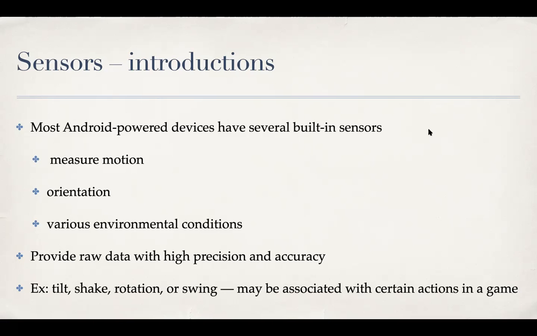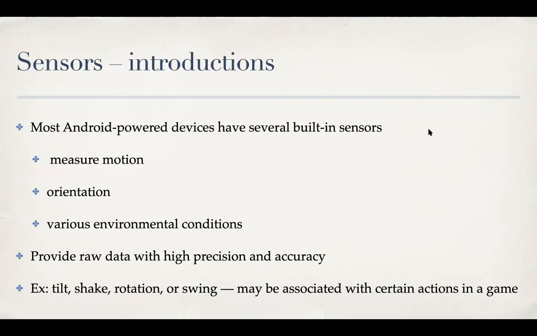Simple things like when you are making a call, if you hold the phone too close to your ear, the device usually disables the screen, right? Otherwise, part of your ear or face touches something and the call may get disconnected or something else may happen. So how does it know that the phone is close to your ear, or some other body part in that sense, while the call is in progress? It uses a sensor essentially, specifically a proximity sensor.